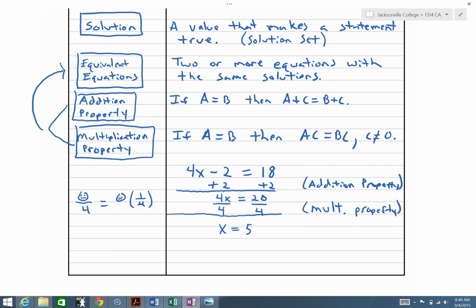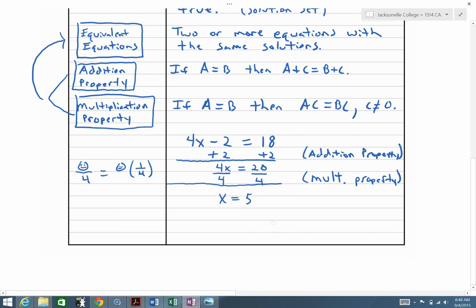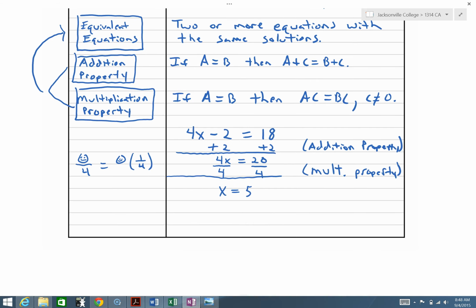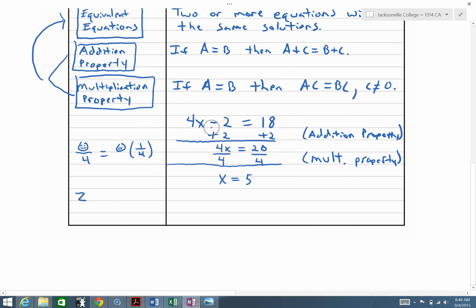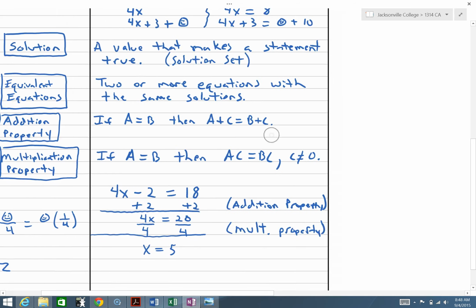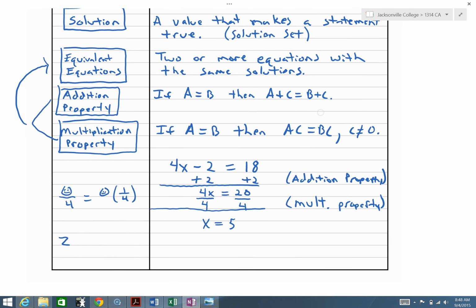All right, one final note for this section, the zero product property. Let me come back up here and demonstrate that indeed 5 does satisfy this equation. I'm going to take this number 5 and substitute it back into this equation for x.